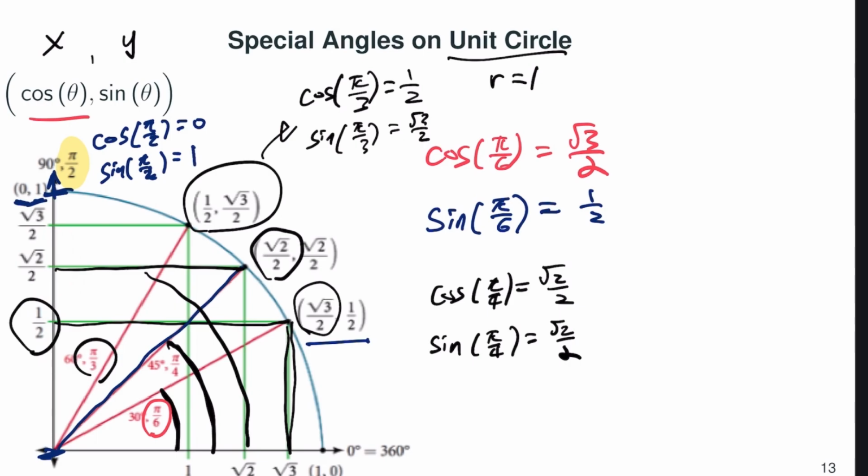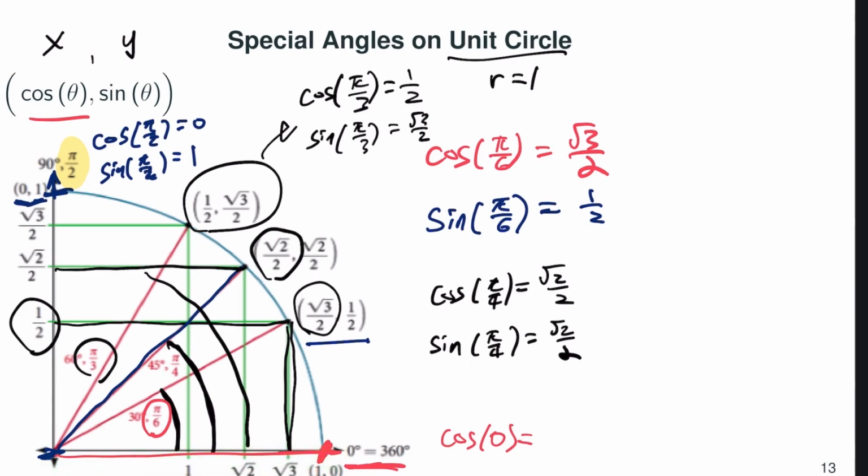So this is 1. And conversely, if you look at 0 radian or 0 degree, cosine of 0 degrees is 1, because, think of it as here's the initial ray and terminal ray. So the angle starts here, ends here. What is this horizontal distance? 1.